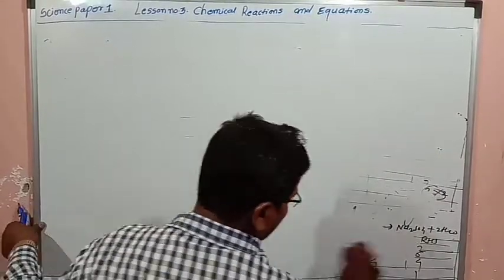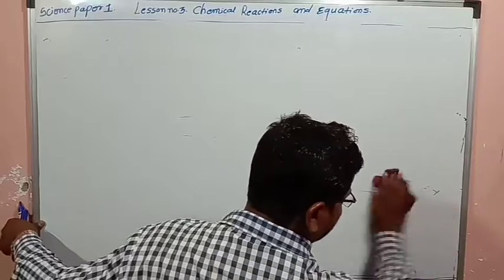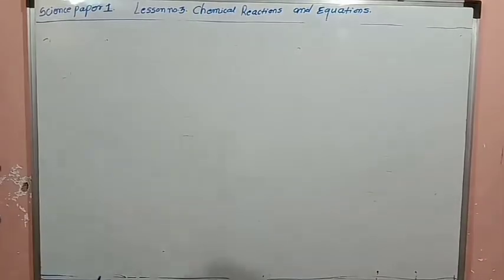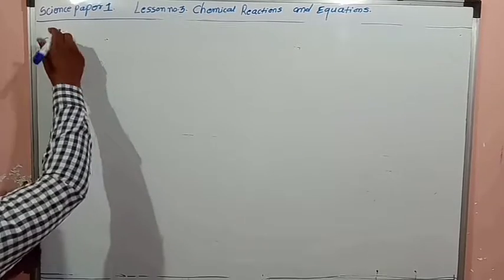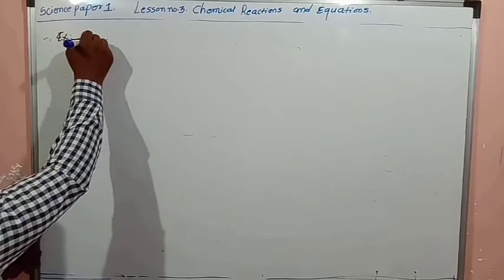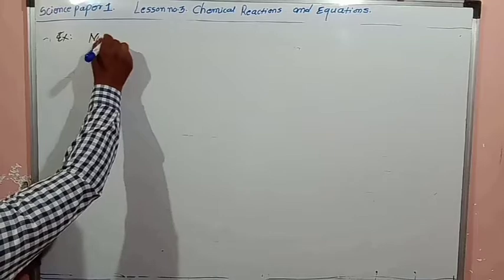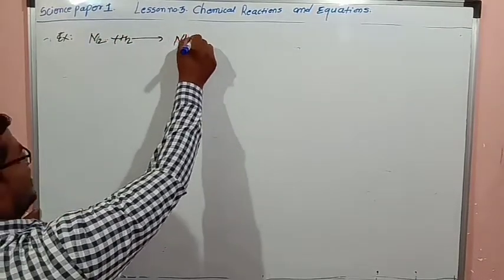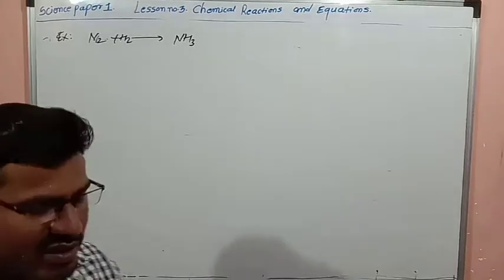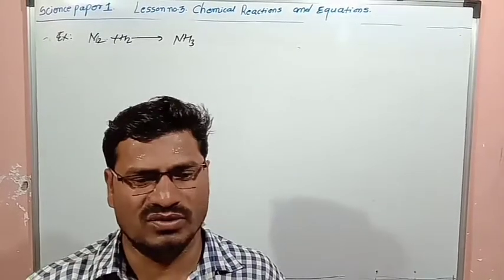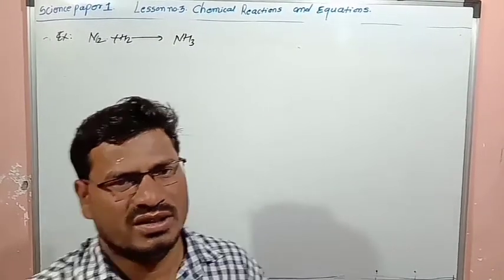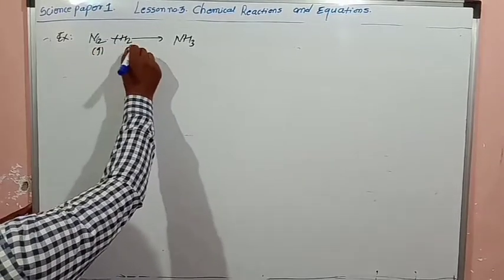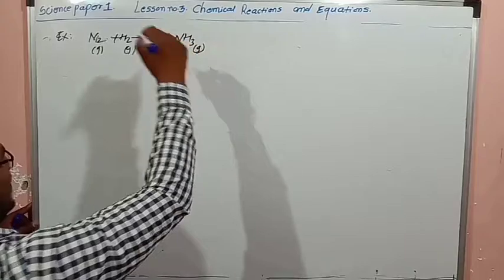That example we are going to take. N2 plus H2, and it gives NH3. Physical states are given here: gaseous, here gaseous, and here also gaseous.